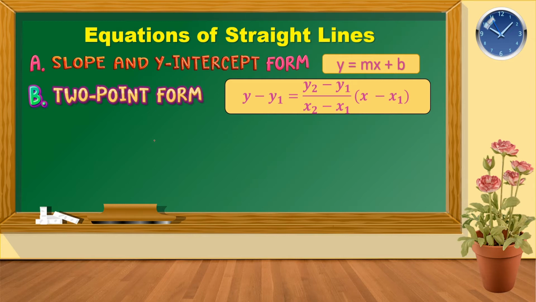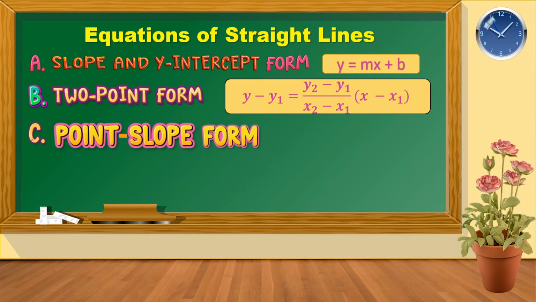Okay. For the third pattern, we have this point-slope form. And the formula for this is y minus y sub 1 equals m times the quantity of x minus x sub 1. Ang tanong, kailan naman natin gagamitin ang point-slope form para makakuha tayo ng equation of straight lines? Okay.